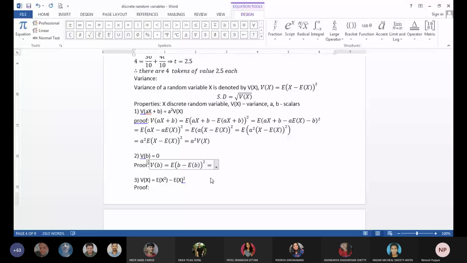Again, use the property of expected value. What will be expected value of b?